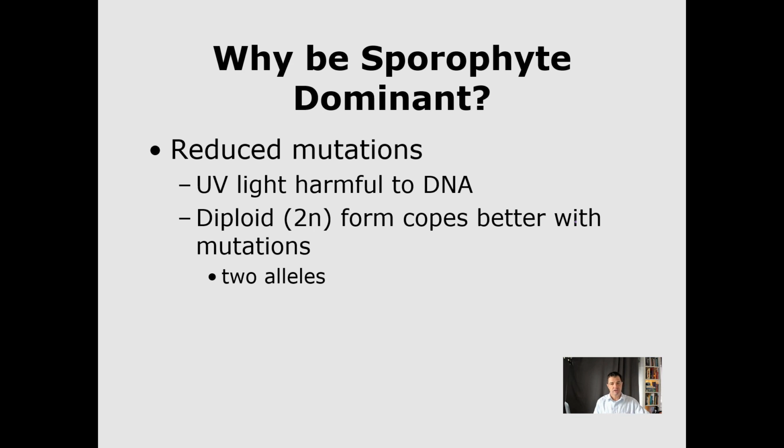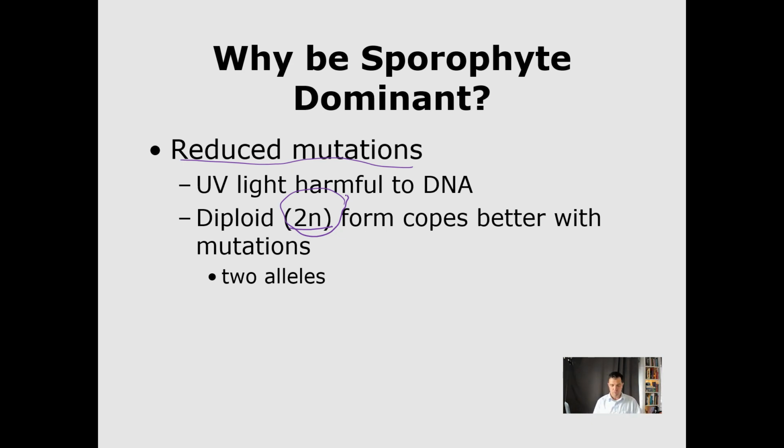So I wonder, why do sporophyte dominant things exist? A quick answer is that it helps reduce mutation damage. UV light and things of that sort can be harmful to DNA. And so being diploid, having two copies, allows you to protect against one of them being damaged.